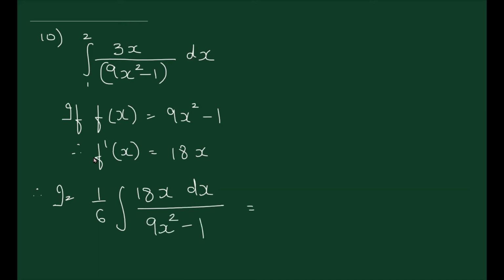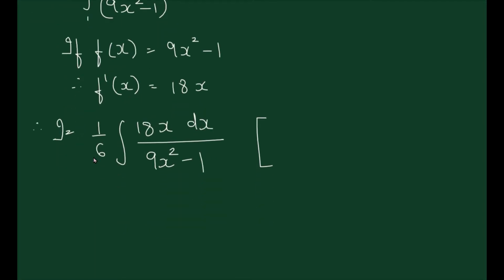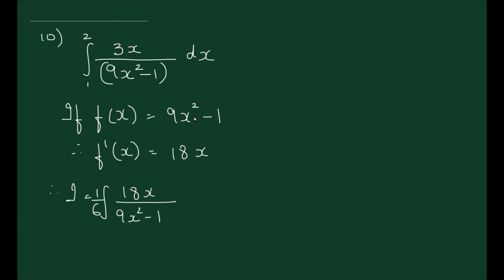Let me show you in the formula method, and then we'll write the final answer. So our integral I is equal to 1 upon 6 times the integral of 18x upon 9x square minus 1, where the limits are 1 to 2.